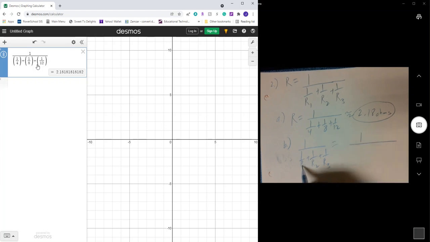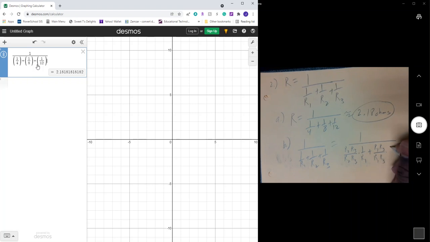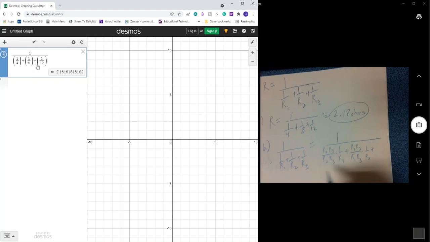We know this is missing R2 and R3, so we'll take R2, R3 over R2, R3 and multiply by the 1 over R1. This here is missing R1 and R3, so we'll do R1, R3 over R1, R3 and multiply by the 1 over R2. And then finally plus, this is missing R1 and R2, so we'll do R1, R2 over R1, R2 times the 1 over R3.